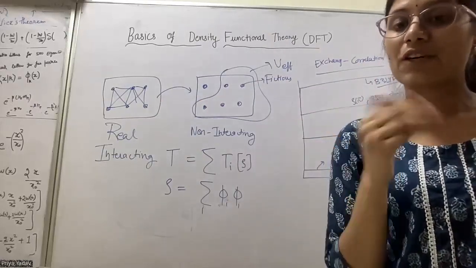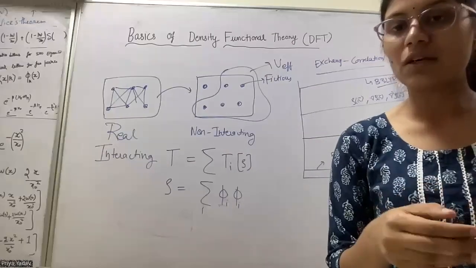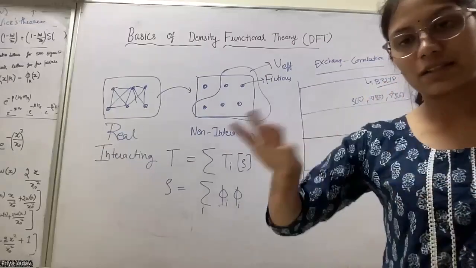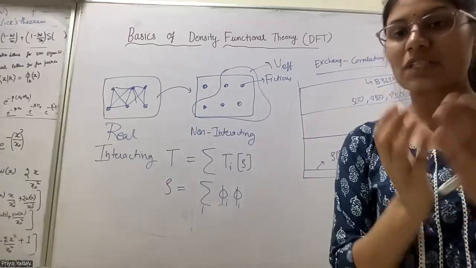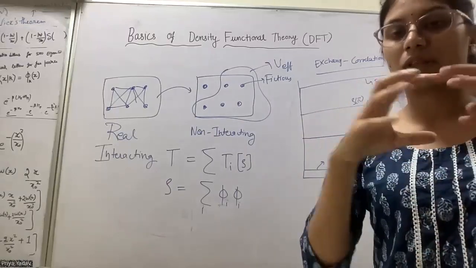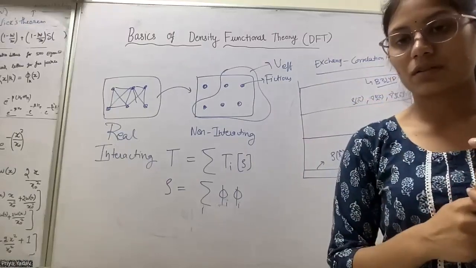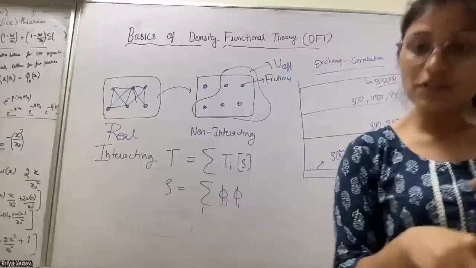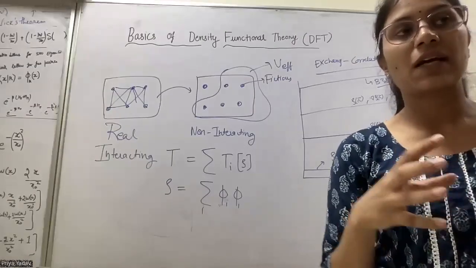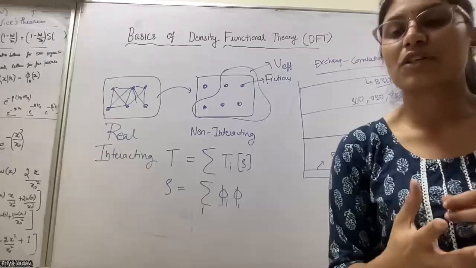I got my electron density from the wave function only. The only thing is that I have integrated that part. So that information is still there. It is just dumped, it has not gone anywhere. That's what I'm saying: it depends on 3 coordinates, but that does not mean that it does not contain any information about the system.